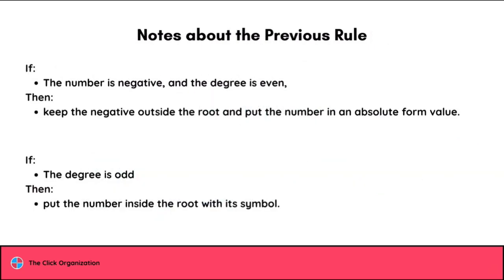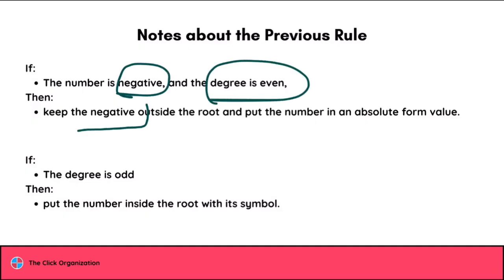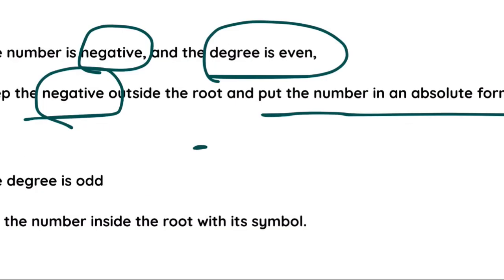I have a few notes about this rule. If my coefficient is a negative number and the degree is even, then keep the negative sign of the coefficient outside, and put the number in an absolute value inside the root. For example, I have minus 3 times the second root of 3.